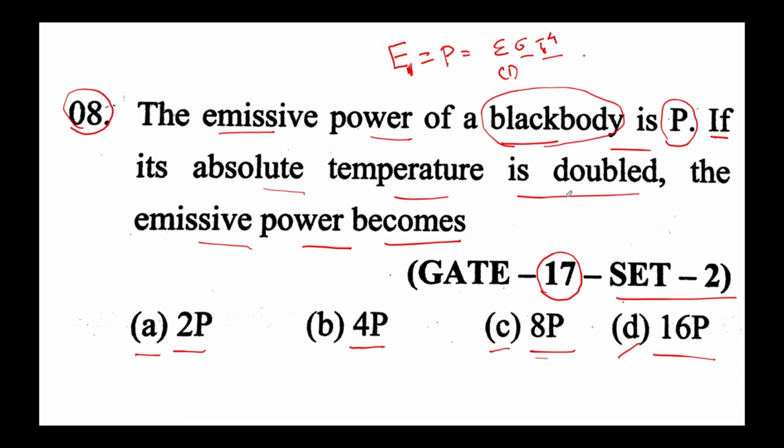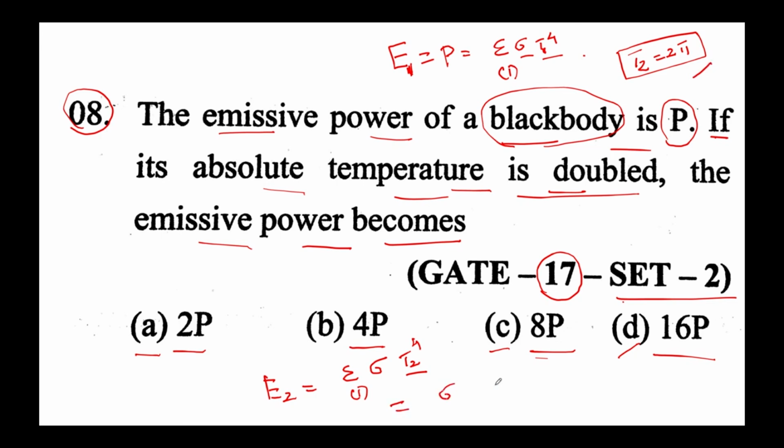Now, what happens if the temperature is doubled? Let us take the next temperature T2, which is 2 times your previous temperature, right? So this has to be substituted here. Generally you might write the emissive power for the second case as emissivity times sigma times T2 power 4, but again since it is a black body you substitute 1, and instead of T2 you can substitute 2 times T1.